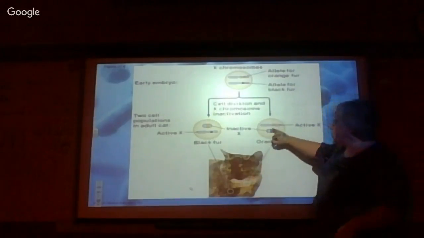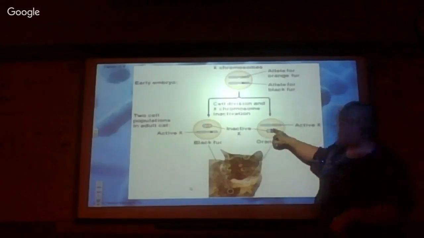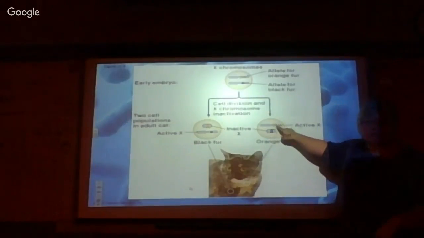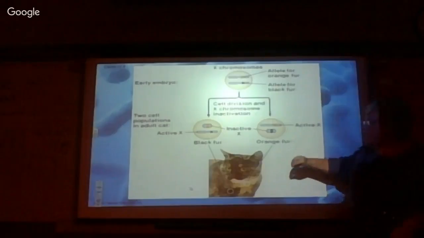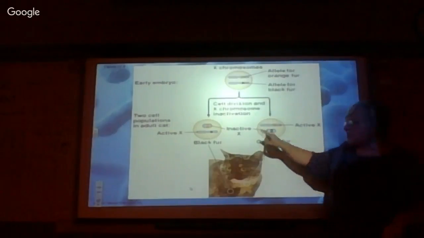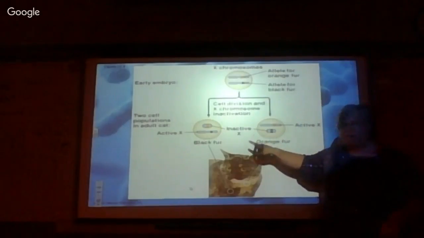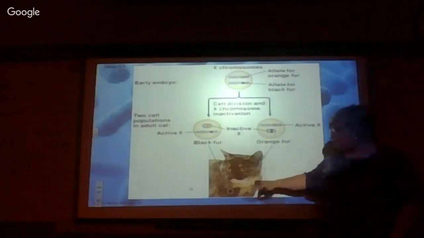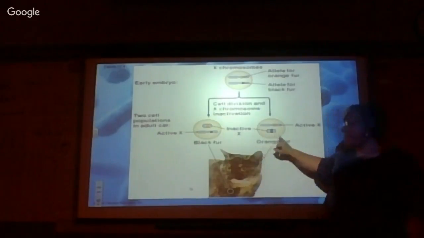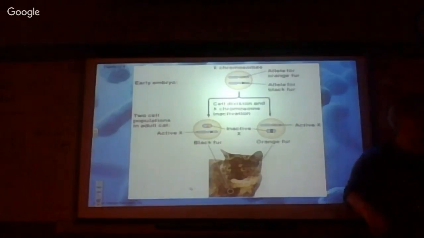In this cell, the black fur allele is inactivated. Now you have orange fur. So everywhere that you have cells where the X chromosome is active for the black fur, you're going to have black fur. And if it's active for the orange, you're going to have that orange fur.